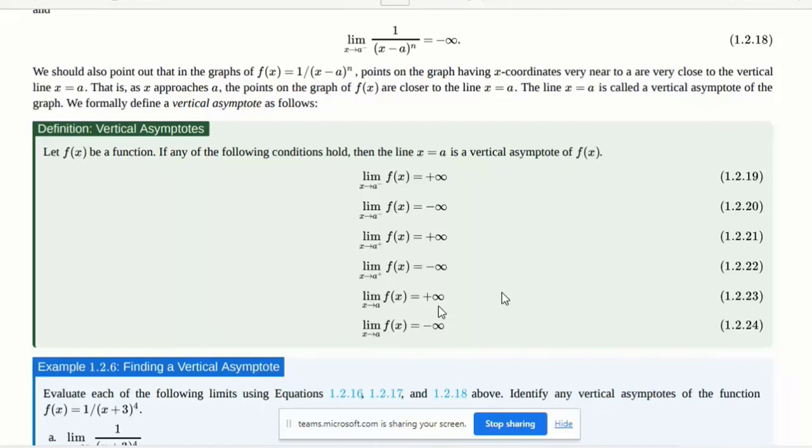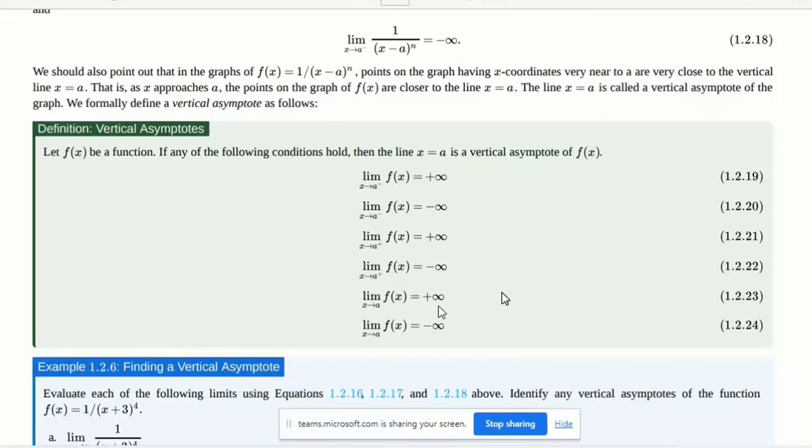Now the limit of f of x as x approaches a from the right. Something is not making sense here. Let's look at this definition from the last one. The limit of f of x as x approaches a is equal to negative infinity. The second one from below, the limit as x approaches a is equal to positive infinity.